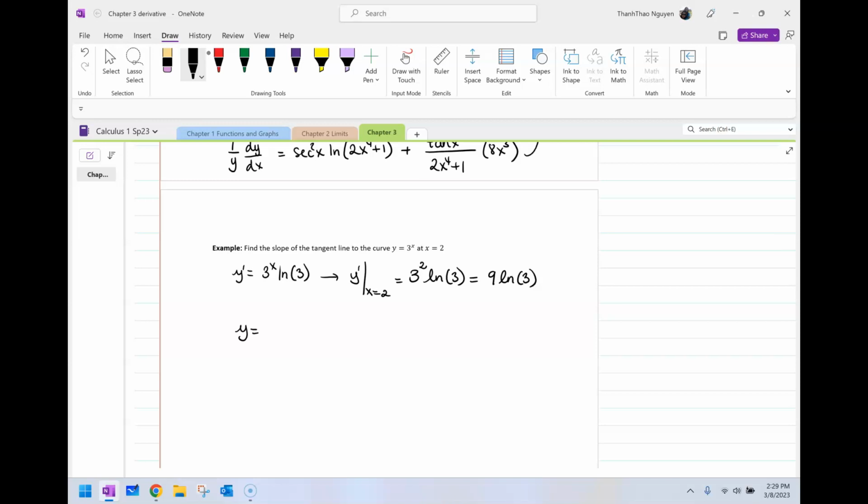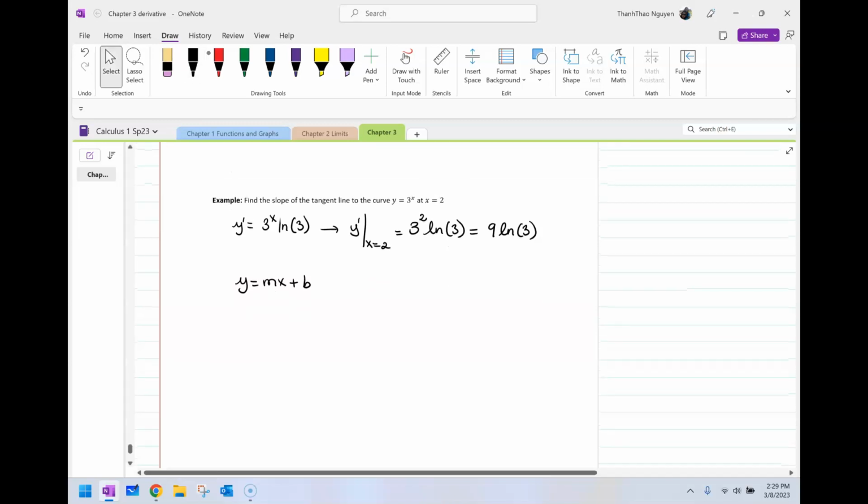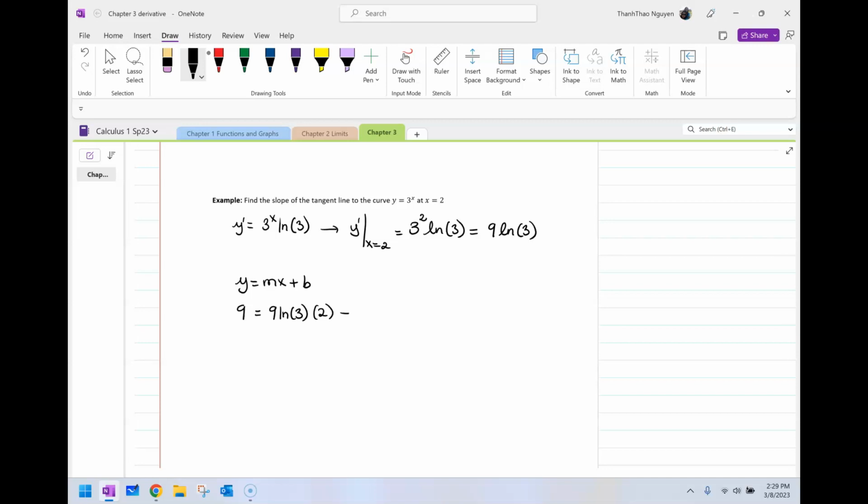So y equals mx plus b. If x equals 2, y then equals 9. So 9 equals 9 ln of 3 times 2 plus b. That is 9 equals 18 ln of 3 plus b. So then b equals 9 minus 18 ln of 3.